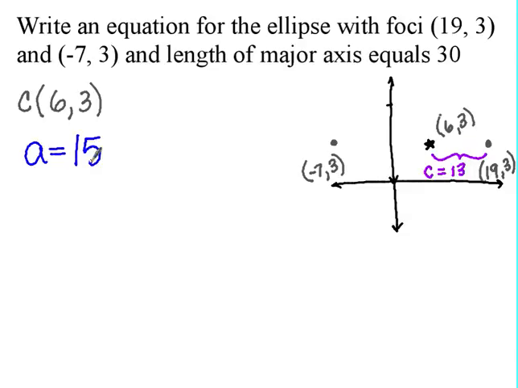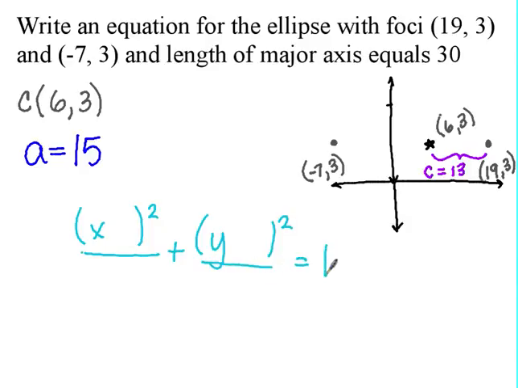So a is 15. If you remember our formula from yesterday, I have a quantity here squared, and I have an x in here. And then I have another quantity here squared, which is y squared, and then that's going to equal 1. In that formula, what goes in the parentheses first with x? x minus 6.